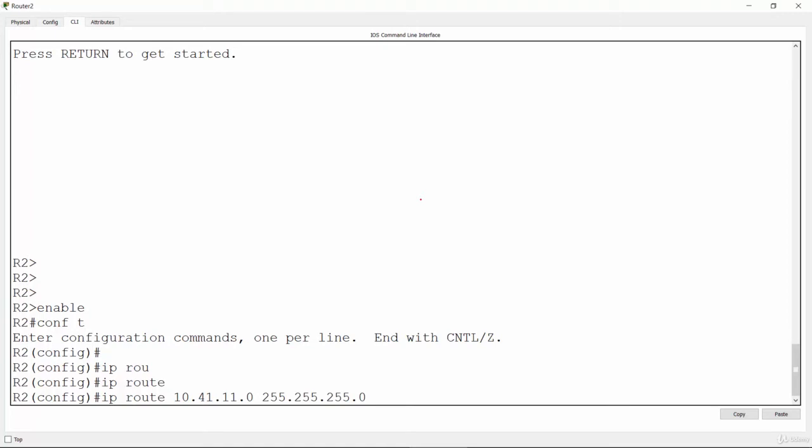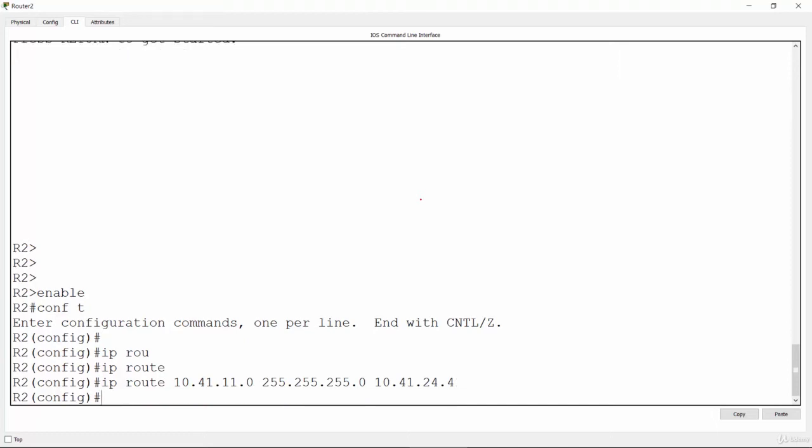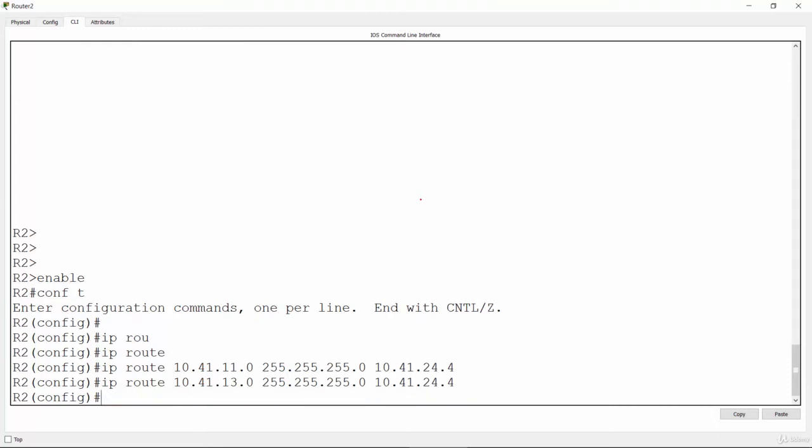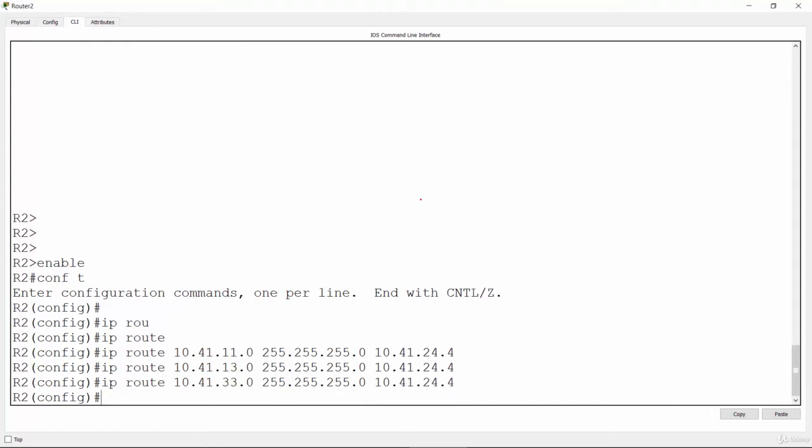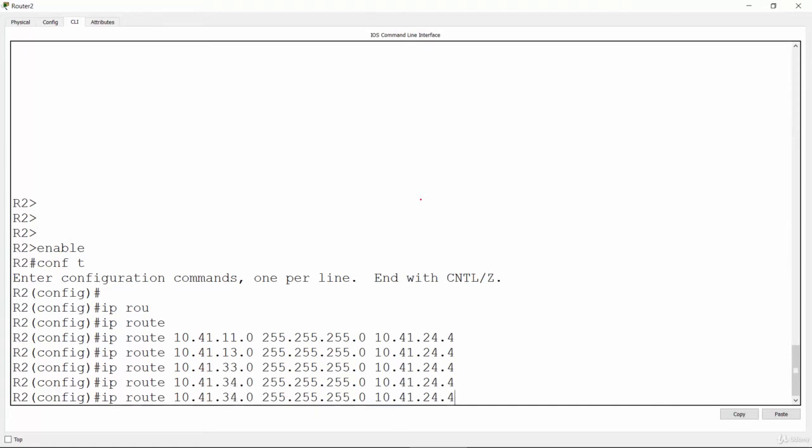Where I'm going to send the packets from router 2 is this one, which is the IP address of router 4. And I'm going to configure this for 11, 13, 33, 34, and 44.